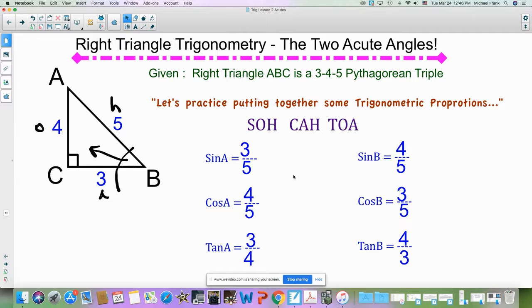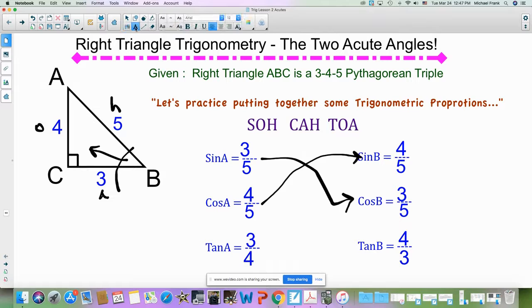Now, the main thing that we need to observe and recognize is that there are some equivalent functions here. You might have noticed that the sine of angle A has exactly the same proportion as the cosine of angle B, and the cosine of angle A has exactly the same proportion as the sine of angle B. And this is always true when those are the two acute angles of a right triangle.